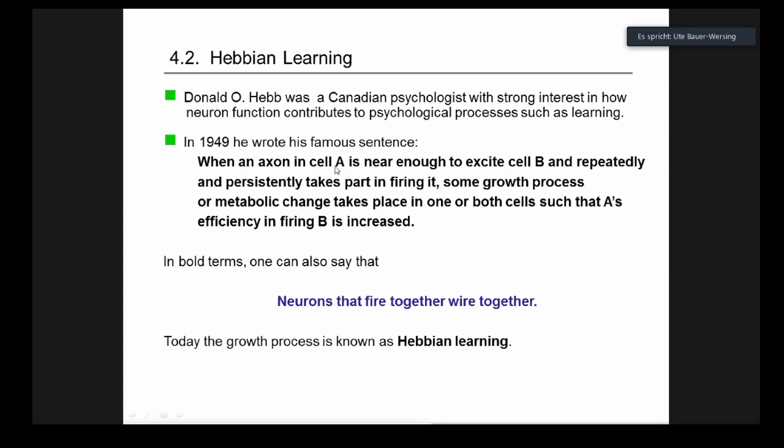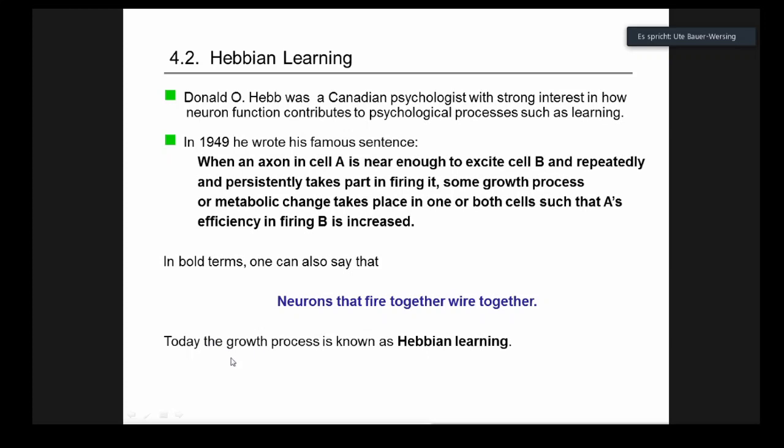This pretty complicated sentence is boldly put into terms in this sentence: you can say neurons that fire together wire together. That's the short form of what's written here. Hebb formulated this principle before the molecular basis of learning was studied.